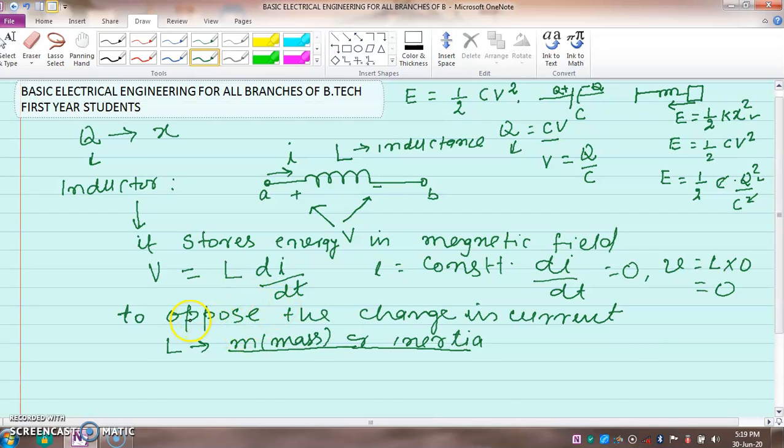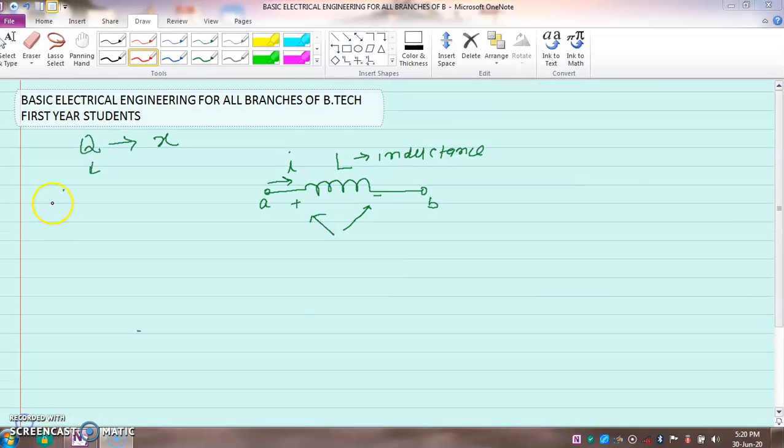Now again we have to find out the energy associated with the inductor. The voltage in the inductor is written as L di/dt. To calculate power, power is nothing but voltage multiplied by current.